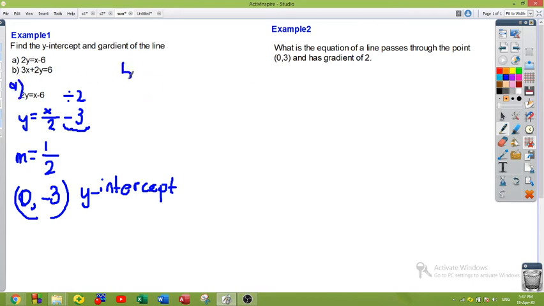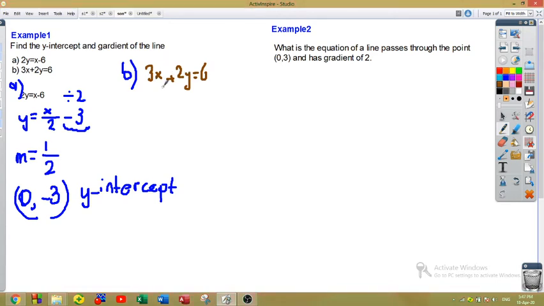Let's solve B. B is 3x plus 2y is equal to 6. Here first I need to leave 2y alone, and after that I can make y the subject. Let's subtract 3x from both sides.